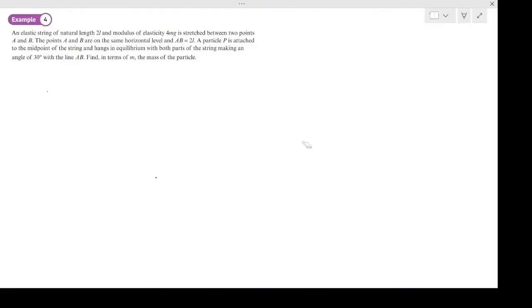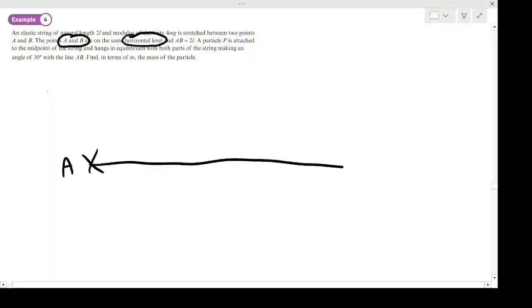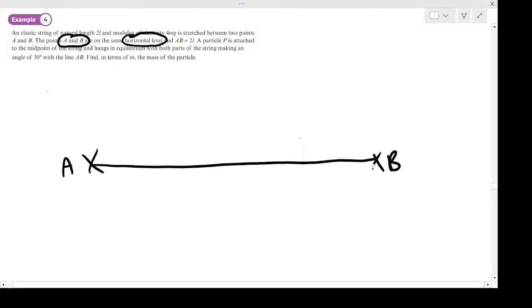Okay, so it's quite similar to the last question. It's going to be the same sort of diagram. Again, we're told these points A and B are on the same horizontal level. So let's say A is here. Then B would be over here on the same level, okay?